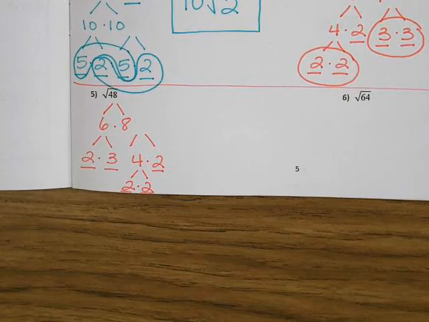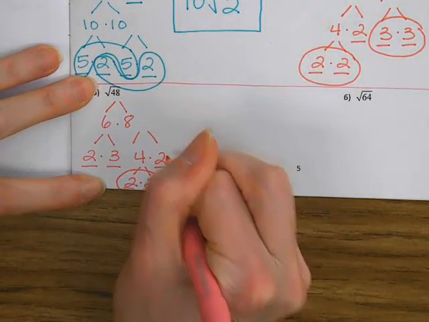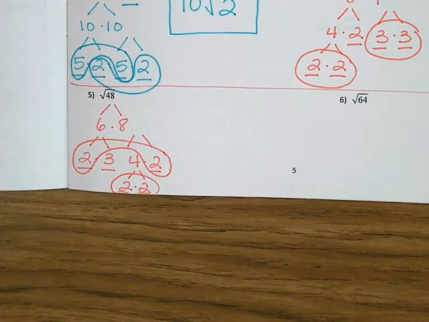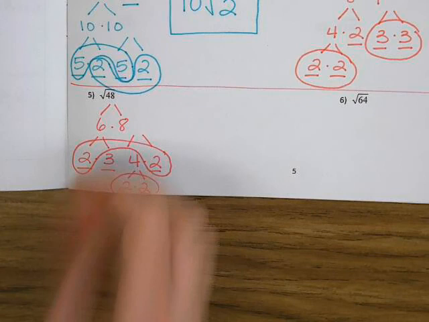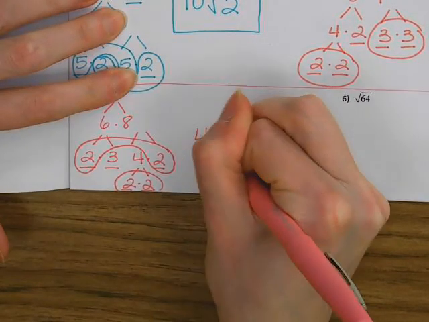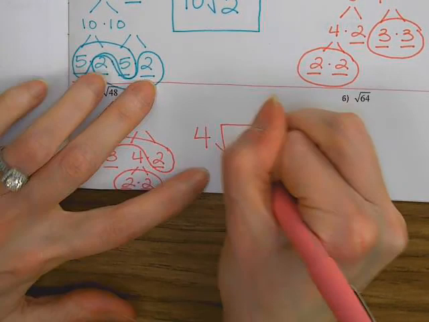Do you guys see any doubles? Any identical pairs? I see an identical pair of 2s and another pair of 2s. So 2 times 2 is 4 on the outside. And what's the only prime single left? The 3 on the inside.